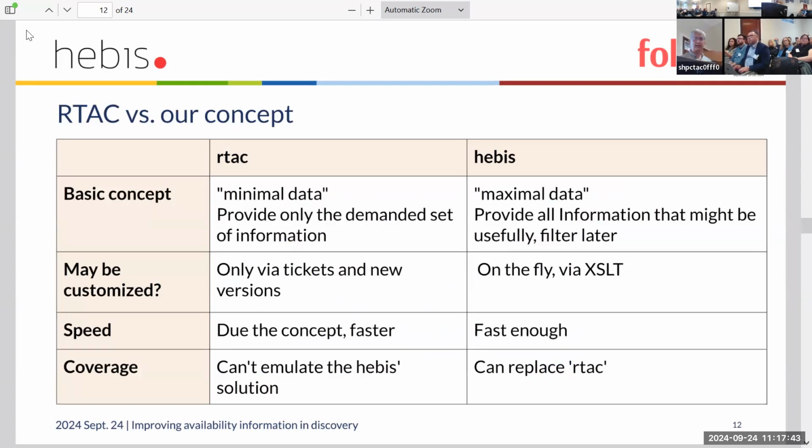With this sheet, I want to explain the difference of the ideas. The original RTAC has a very good approach. It is: make it simple and make it small. So it fetches only the information it needs, and it sends only the information which is demanded somewhere.